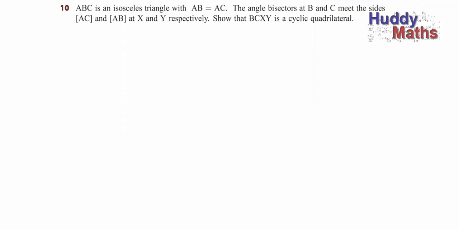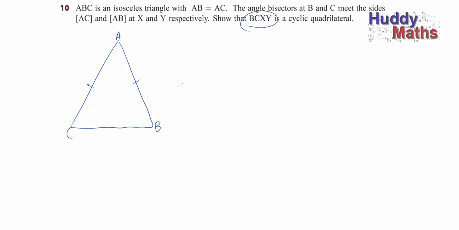For number 10, you've got to draw your own figure again, so that's a bit of a problem. So let's draw this. ABC is an isosceles triangle, and what we've got to show is that BCXY is cyclic. Let's have a look. Well, first of all, AB equals AC, so we've got that.